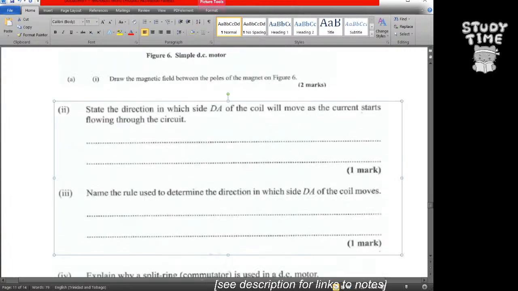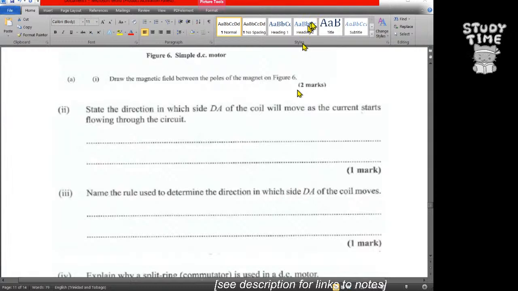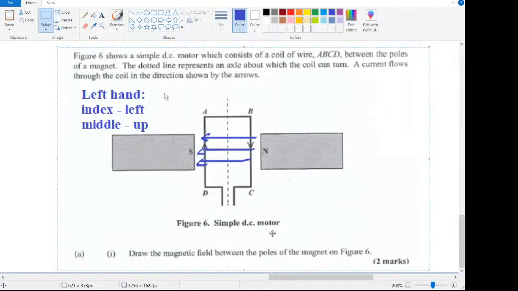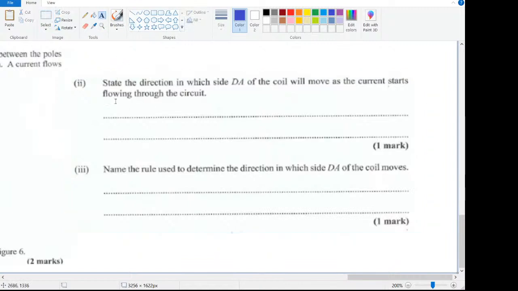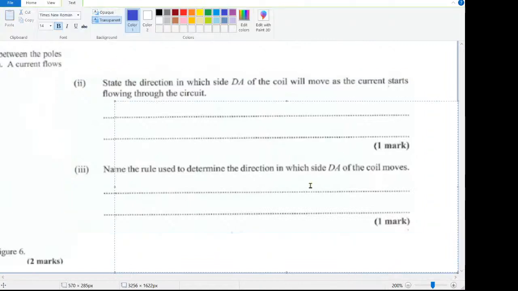Alright, so we need a steady direction. It depends on how you're watching it. So which side?